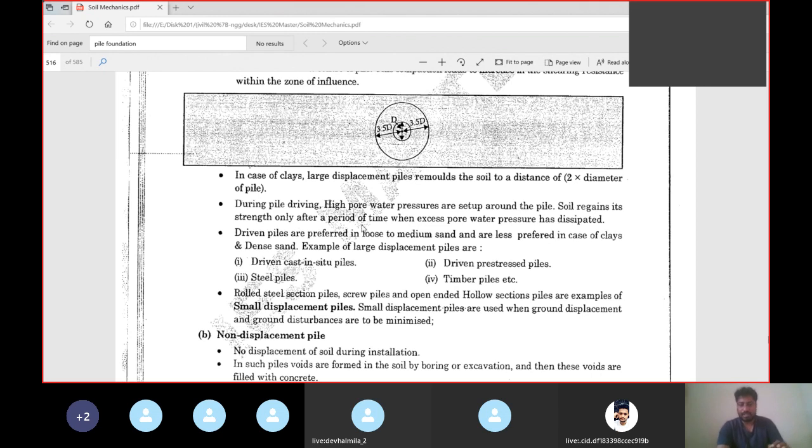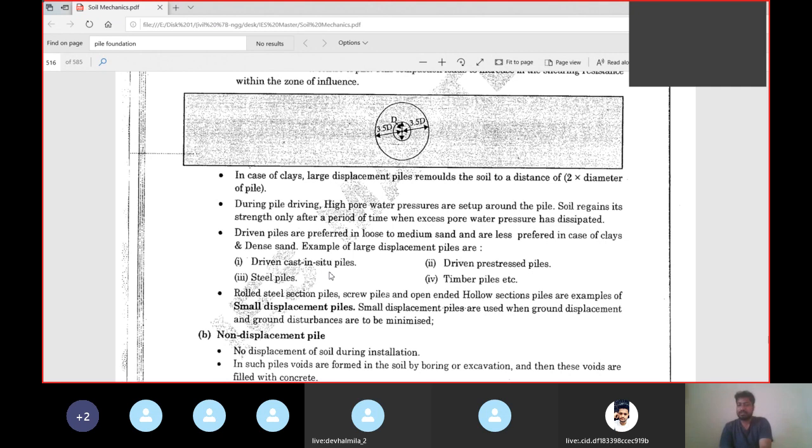Now, examples of large displacement piles are driven cast in situ piles, driven pre-stressed piles, steel piles, and timber piles, right? When I'm saying driven cast in situ pile, cast in situ means they are casted at site only. And why are they called driven cast in situ? Because we are driving those piles.